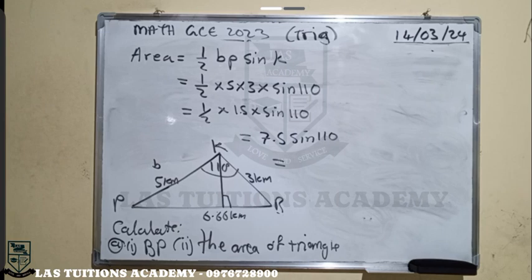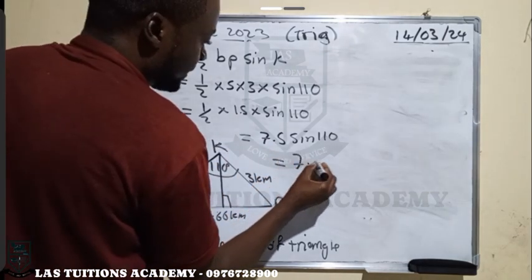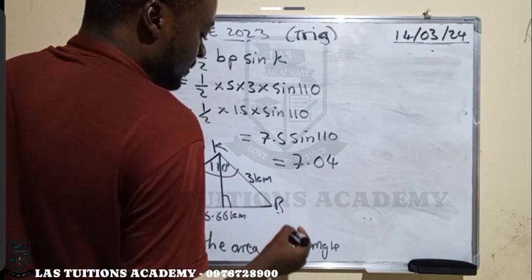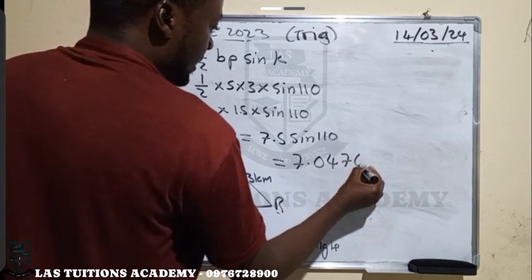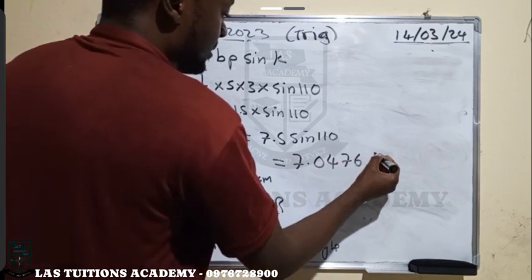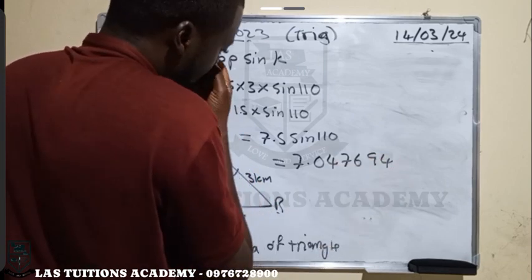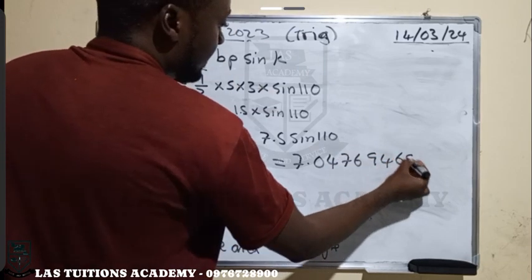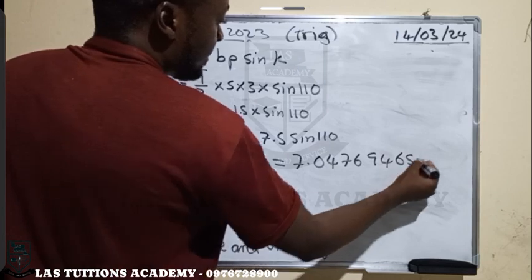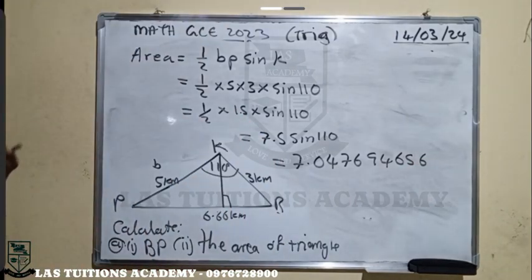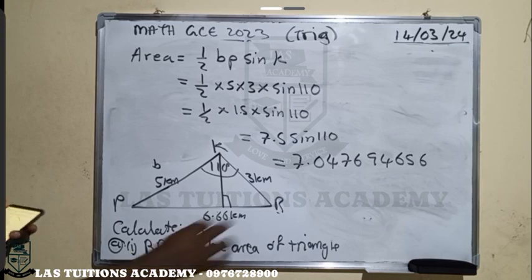Who has found the answer? 7.04765... Good. Now we have to leave the answer to two decimal places.